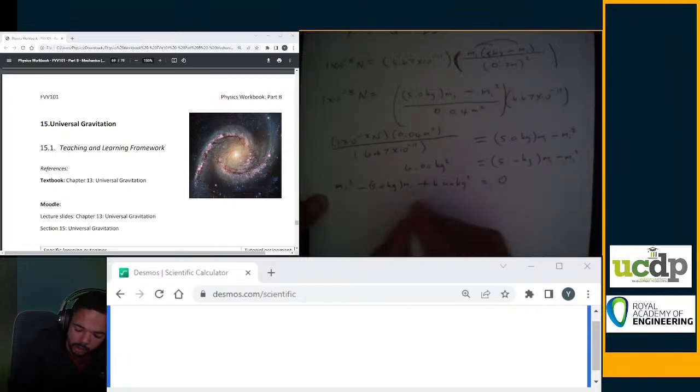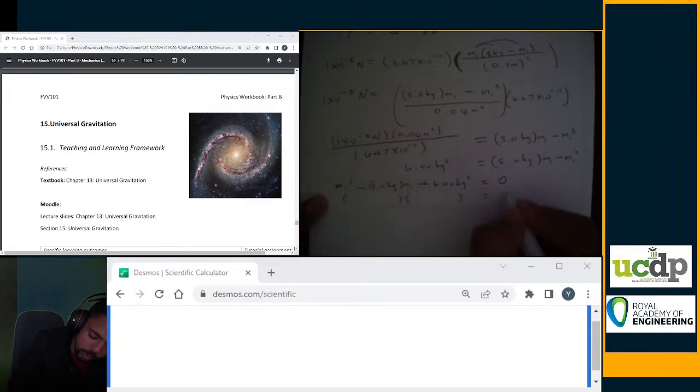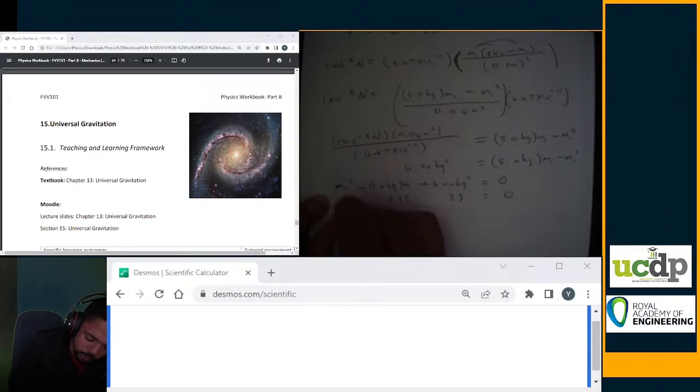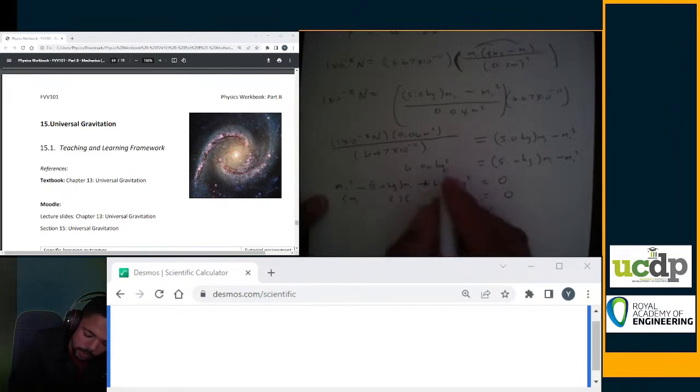This is a very simple quadratic equation which you solve. Either you can use the formula, or you know from high school the two factors that will give you 5 is 3 and 2, and this will be m1. The sign in front of the last term is a positive, so both of them will have the sign of the middle term, so both minuses.